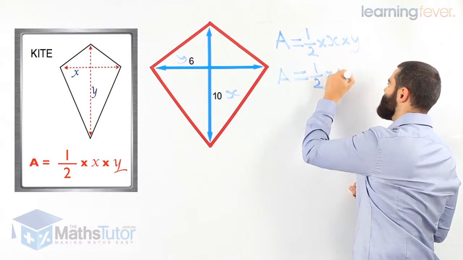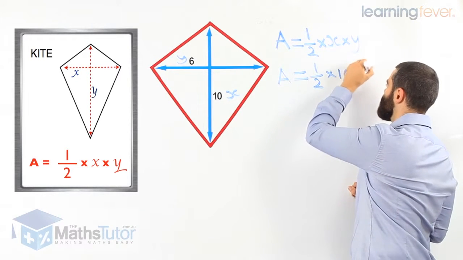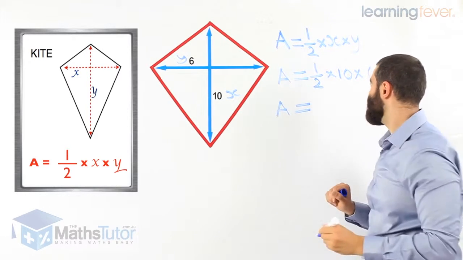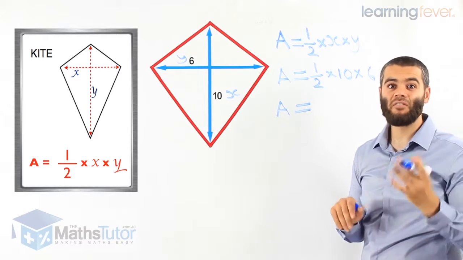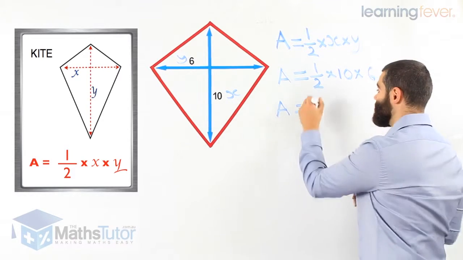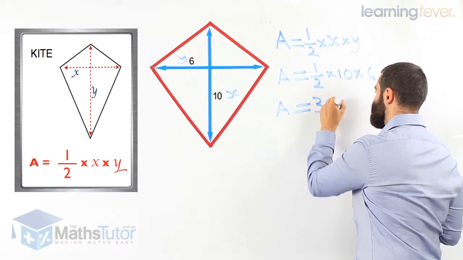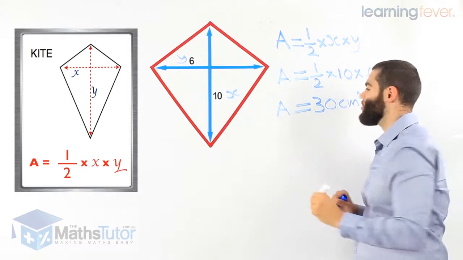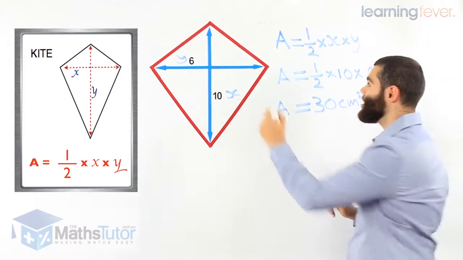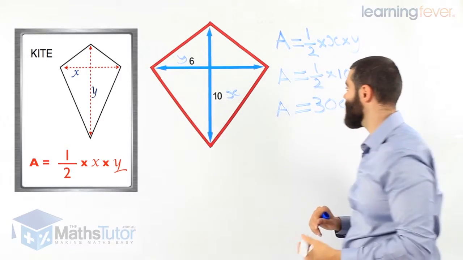X is 10 and y is 6. Half times 10 times 6. 10 times 6 is 60. Half of 60 is 30. And we know the measurements are in centimeters. So 30 square centimeters is the area of the kite.